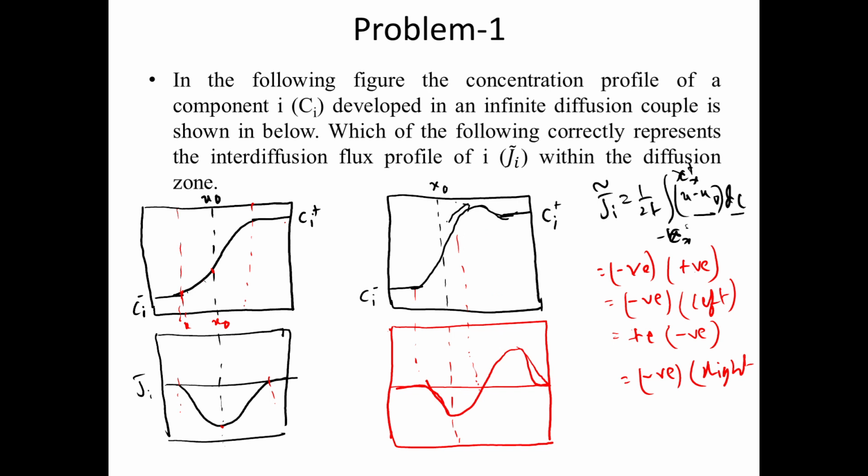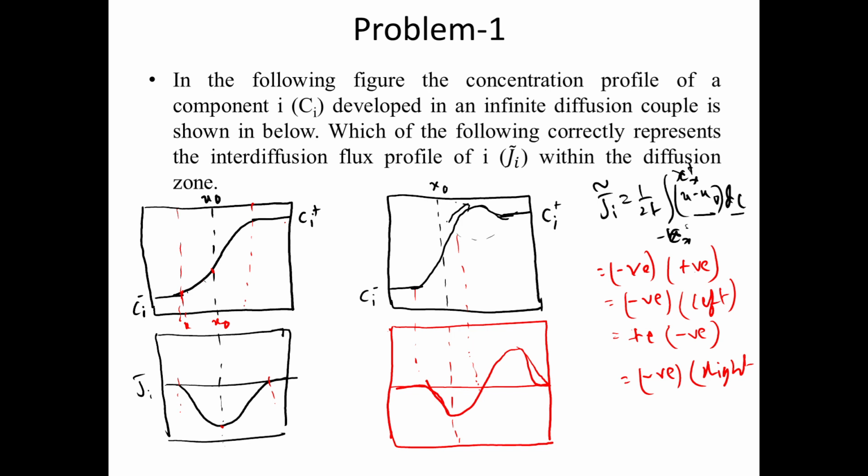The diffusion will occur against its concentration gradient. The gradient is like this, moving towards this, but the flux is diffusing a little bit up. That means its own gradient is against its flux diffusion.